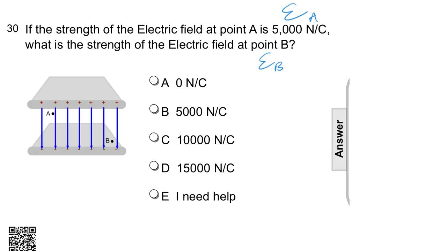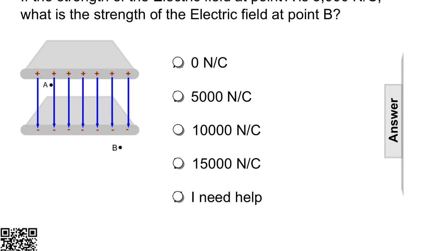Well, it's uniform, so it's going to be the same. Okay, outside of the parallel plates, you don't have any field due to the capacitor. The field stays inside the capacitor unless you hooked it up with a wire, which they didn't yet. So it's 0.